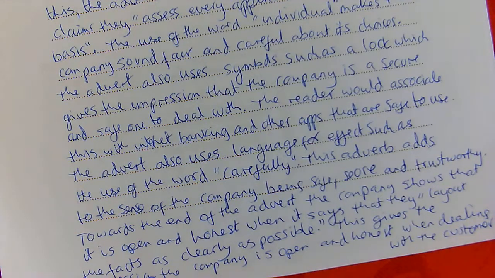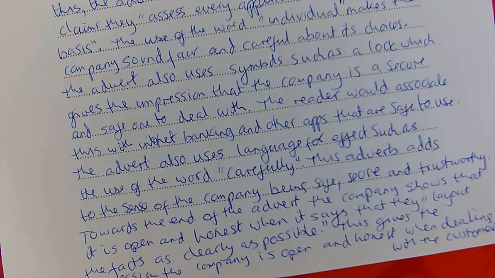Let's have a little look at the mark scheme. The mark scheme, which isn't a checklist, says every application is considered, which suggests individual care and attention. They highlight the reader's security, which makes the company sound safe and trustworthy. They mention their customer care team, which implies the reader would be looked after by the company. So these are further things that you can look at.